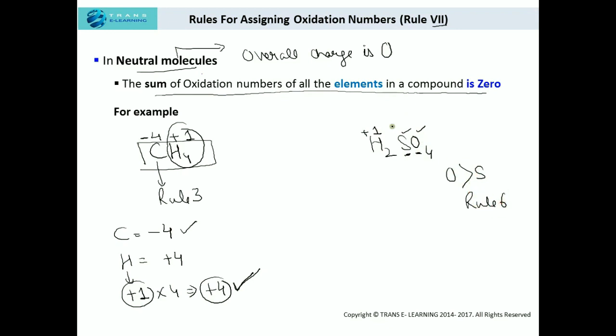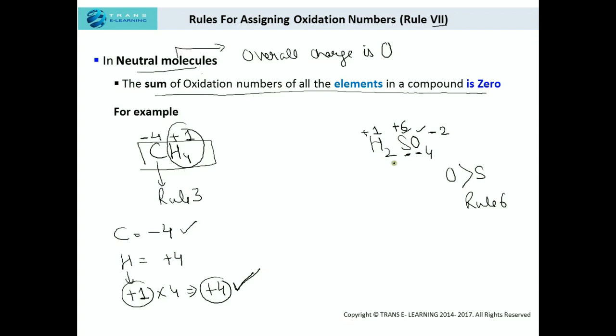So sulfur will have a positive oxidation state, whereas the oxygen will have the negative oxidation state. And in this case, sulfur will have +6 and the oxygen will have -2. Again, how I have found out this oxidation state, for that you need to see the video related to steps for writing the oxidation number of different elements.